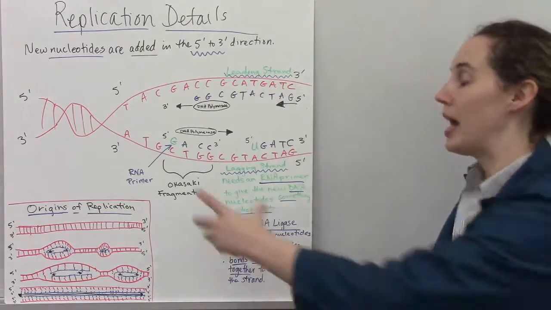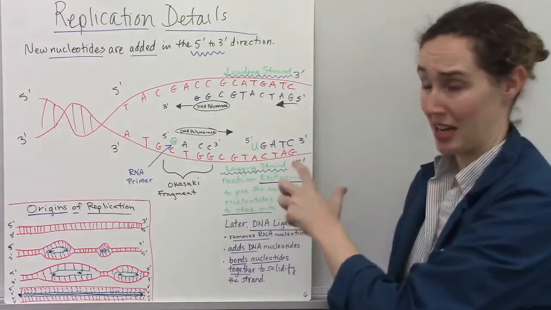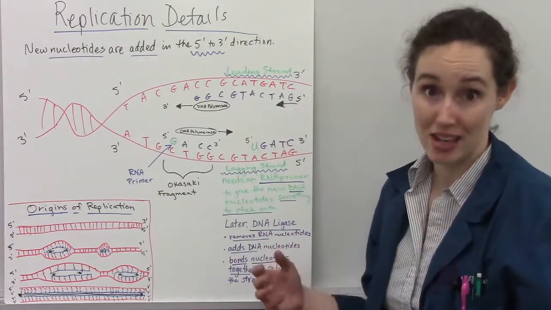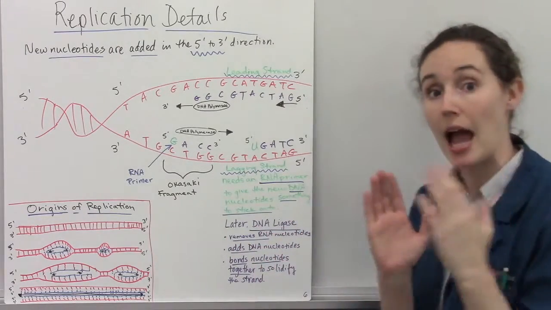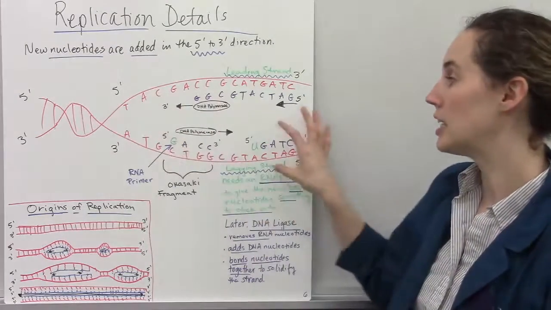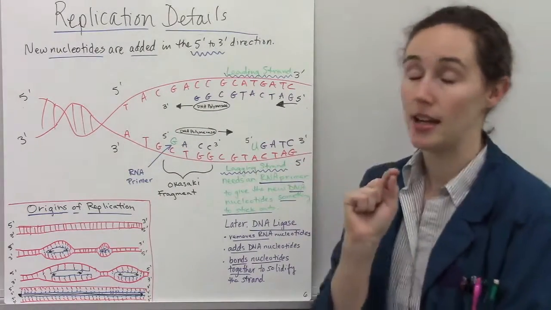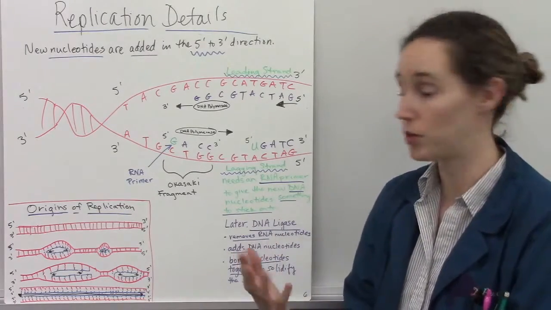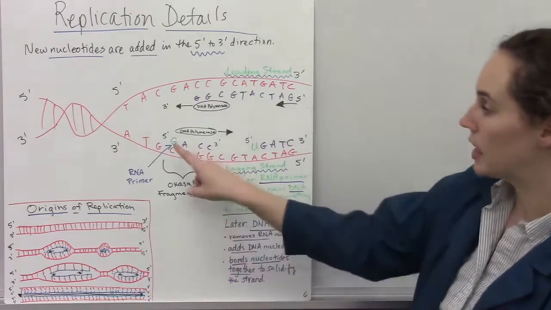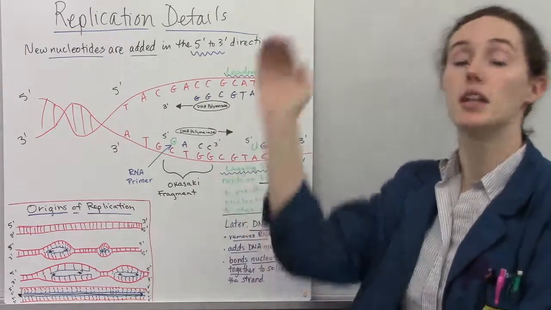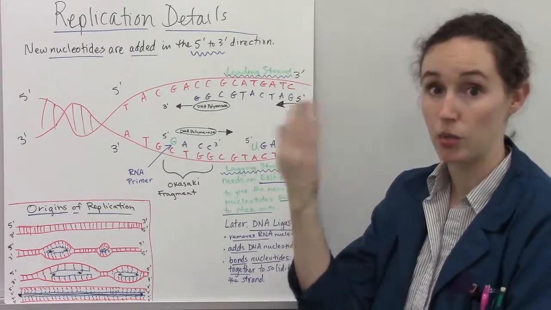Now, we have a bunch of chunks of DNA with some RNA sprinkled in, but that's not going to work. So what happens is, after we have these Okazaki fragments filling in, a protein called DNA ligase comes through and it does a few things. First, it takes out these RNA primers, it gets rid of the RNA, and inserts a DNA nucleotide where it belongs.